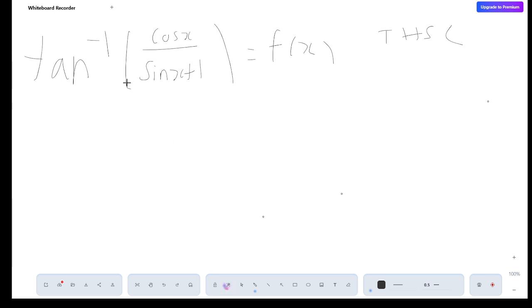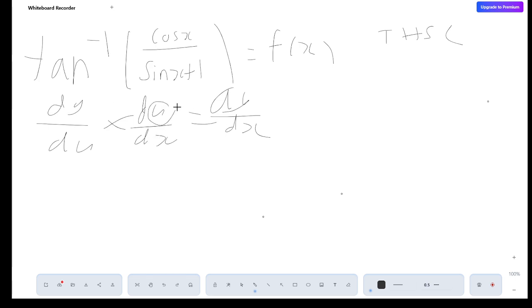First, you have an inside function of another function, so I would use the chain rule. The chain rule states that dy/du times du/dx equals dy/dx. So we need to let some function be u.